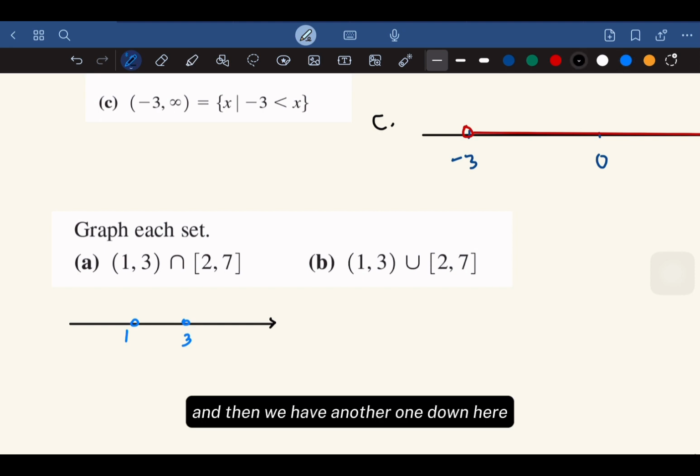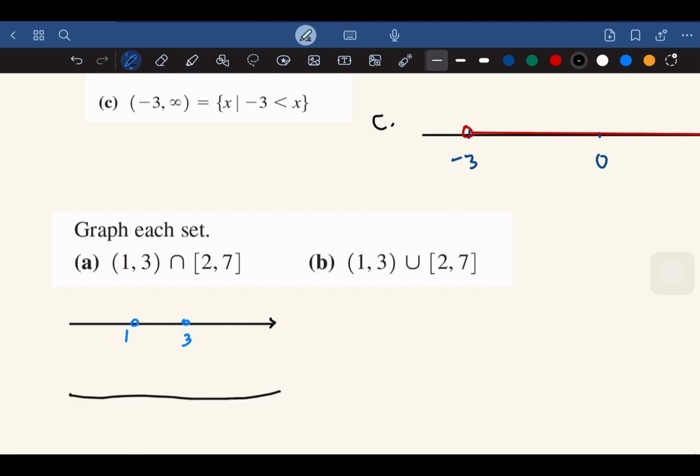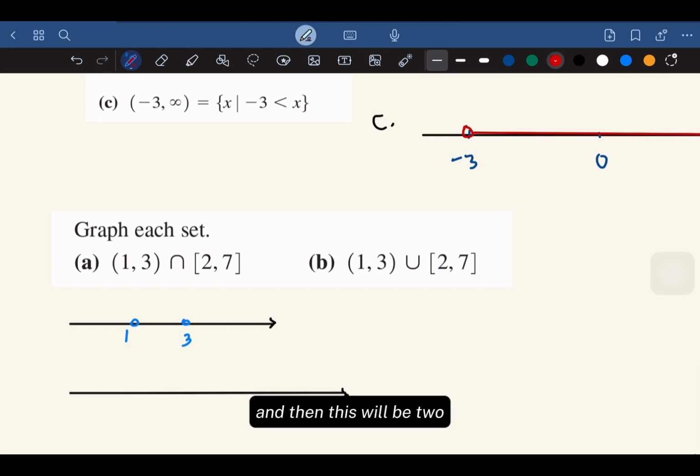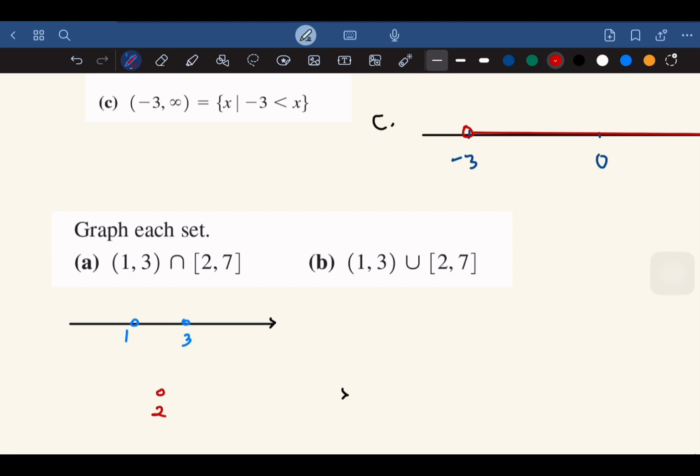And then we have another one down here, maybe a little bit longer, and this will be 2, and this is 7, probably here.